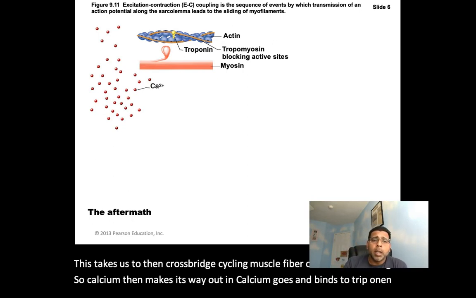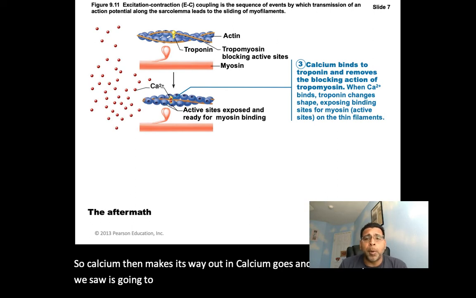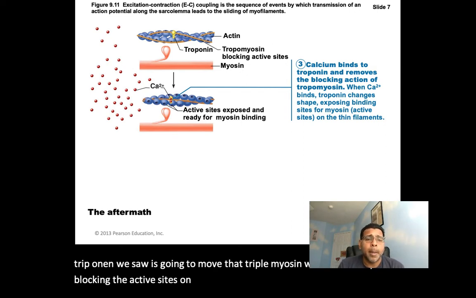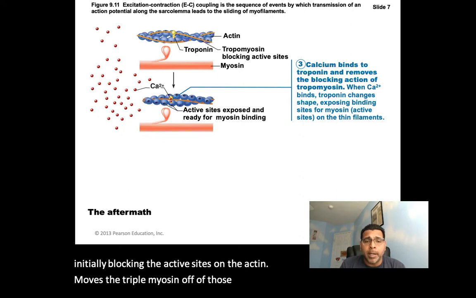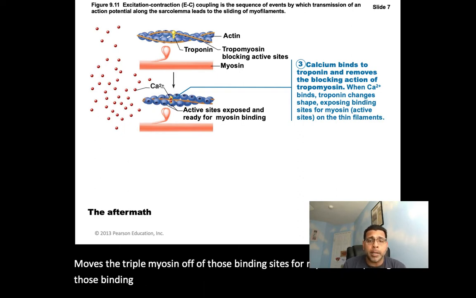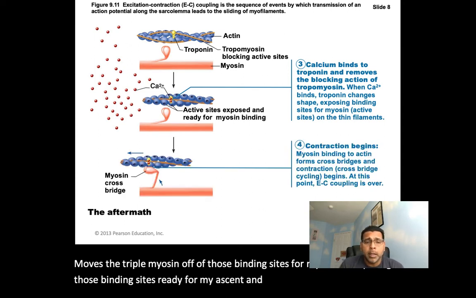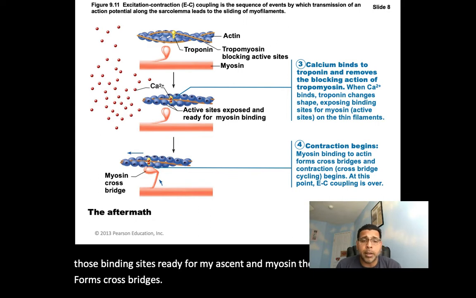Troponin, we saw, is going to move that tropomyosin, which is initially blocking the active sites on the actin, off of those binding sites for myosin, exposing those binding sites, ready for myosin, and myosin then forms cross bridges, and we have contraction occurring.